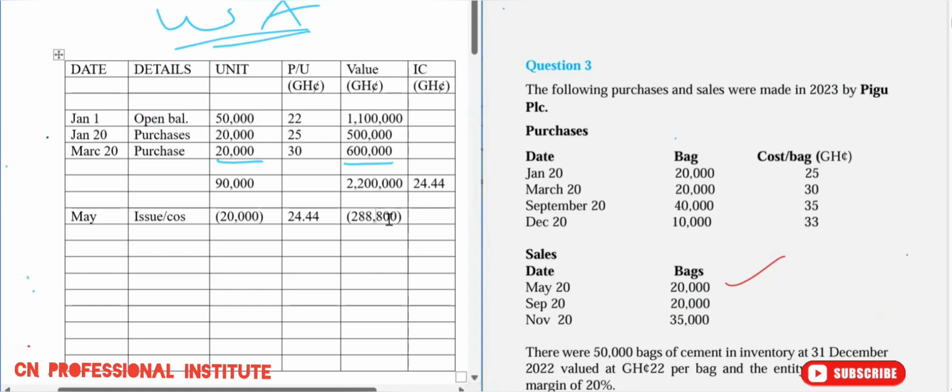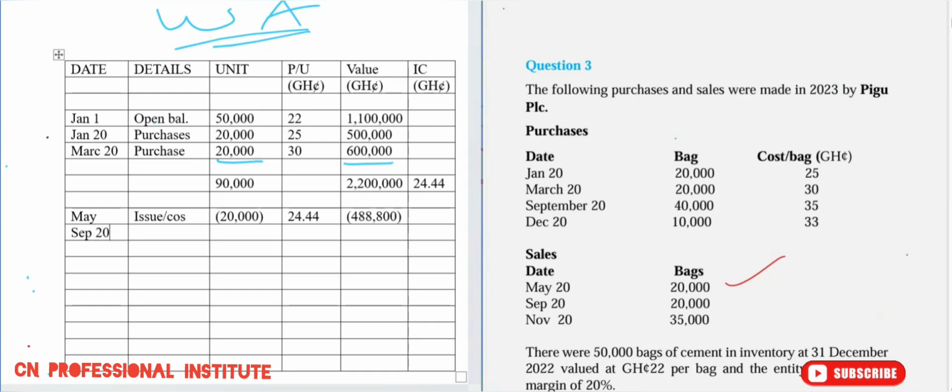Okay, so we'll be punching along. Okay, so here it's supposed to give us 488,800, right?